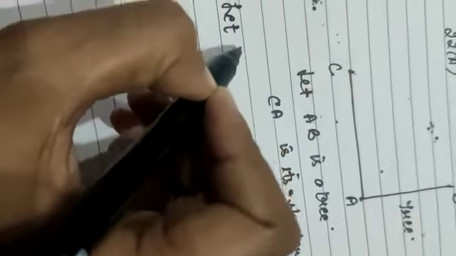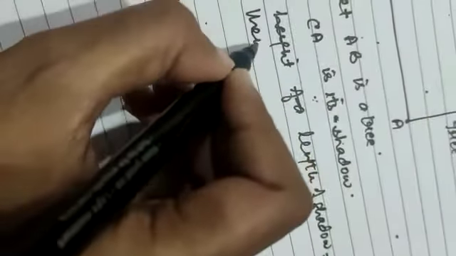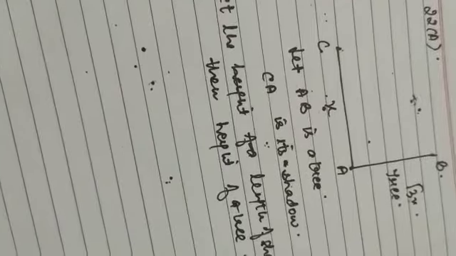Now it is given that the height of a tree is under root 3 times the length of its shadow. If I am taking the length of the shadow as x, then the height of the tree will be under root 3 times x, under root 3x, right?